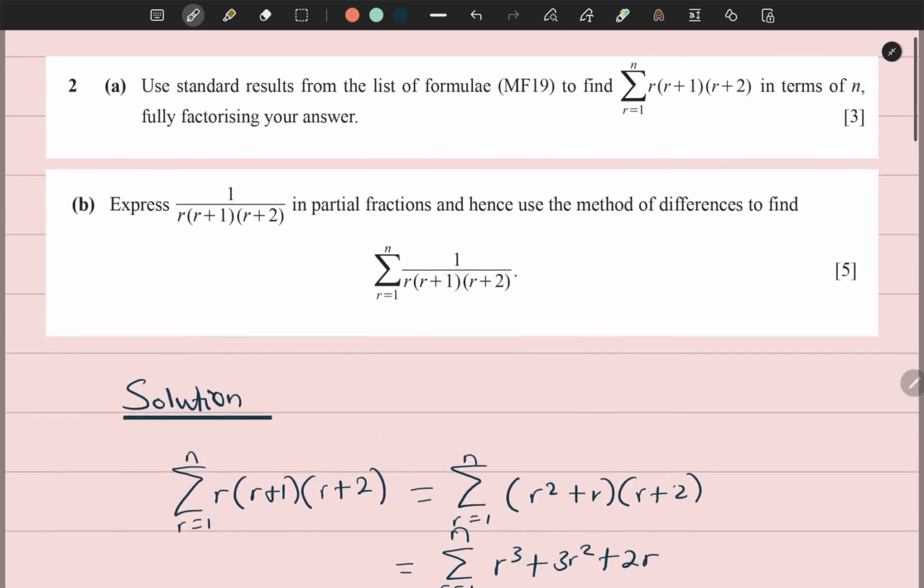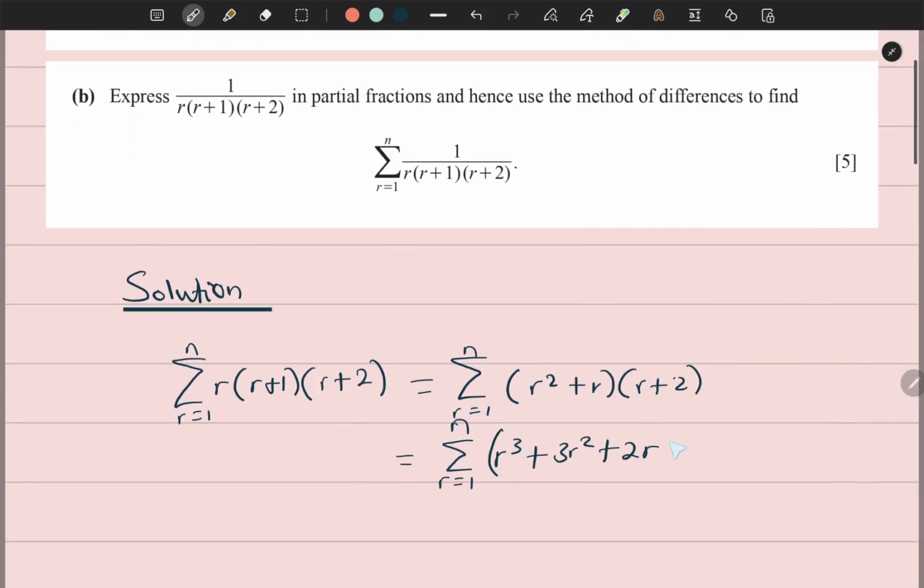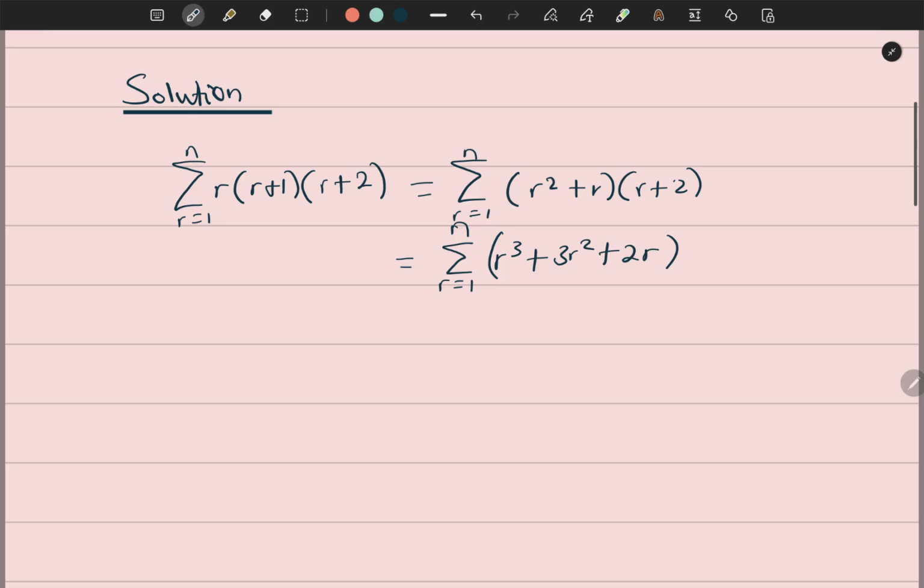So now what are we going to do after this? Anytime you have the sum of a plus b, this can be written as summation a plus summation b, or sigma a plus sigma b. That is exactly what you are going to apply here.